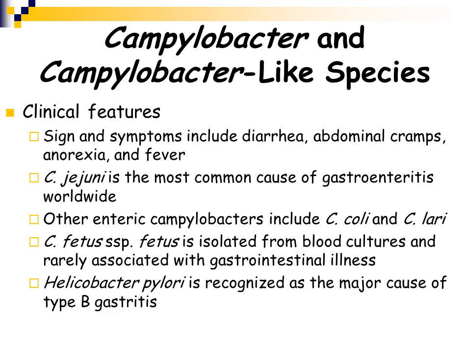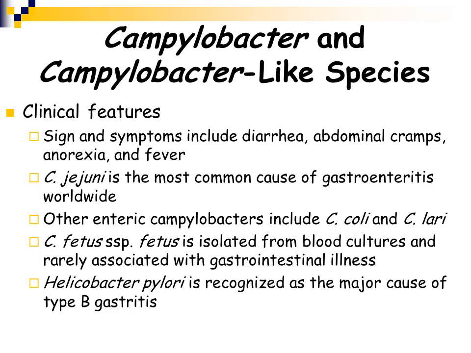There are other Campylobacters like Campylobacter coli and lari. Campylobacter fetus has been isolated from blood cultures in patients with bacteremia. Campylobacter fetus is rarely associated with gastrointestinal illness, unlike Campylobacter jejuni.